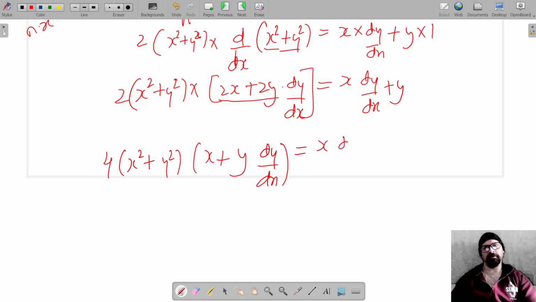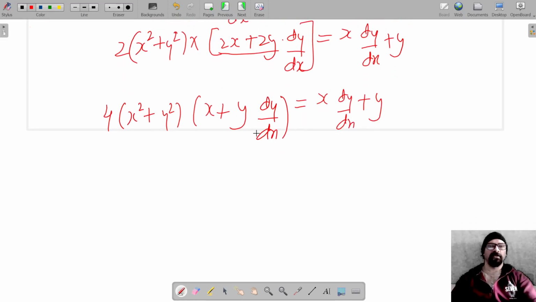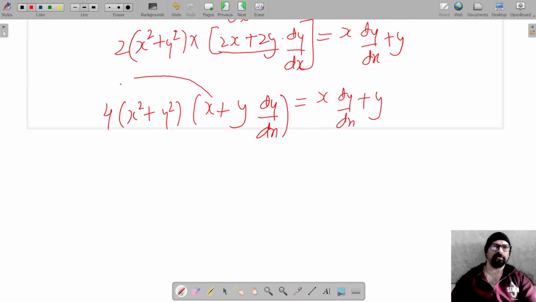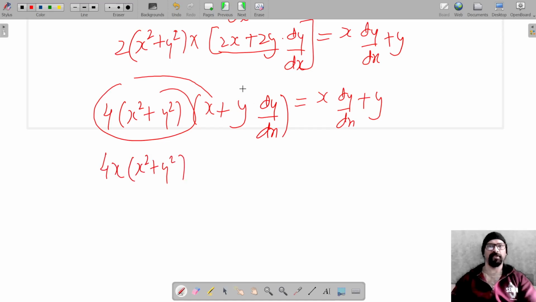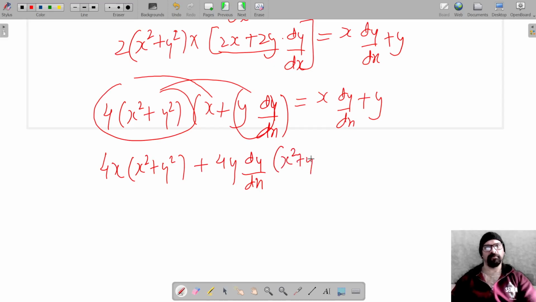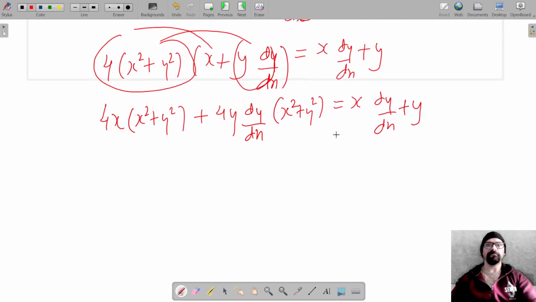And let's separate the variables with dy by dx. This is y, so I'm going to multiply this x with this whole term. So this is 4x into (x squared plus y squared), and this whole term again with this, so plus 4y dy by dx into (x squared plus y squared), is equal to x dy by dx plus y.